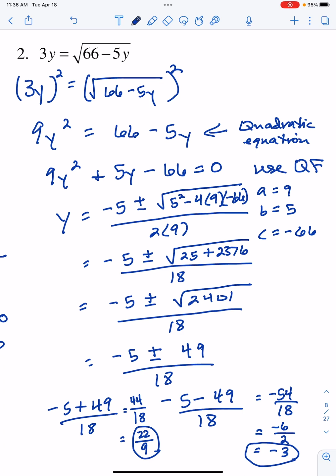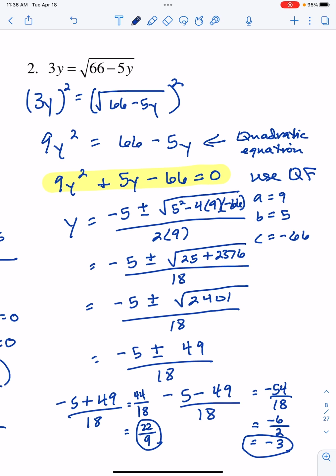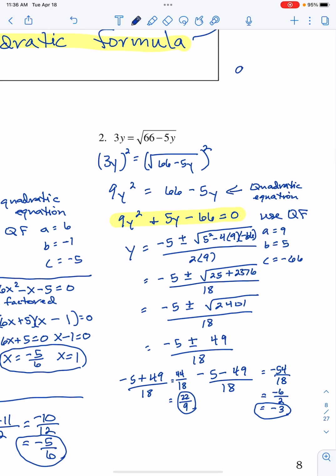Again, really nice answers that have no radicals remaining and no fractions means that this quadratic would have also factored. If you wanted to think about how it looks if I factor it, 9y squared plus 5y minus 66 equals 0, if I solve by factoring, it is 9y and y.